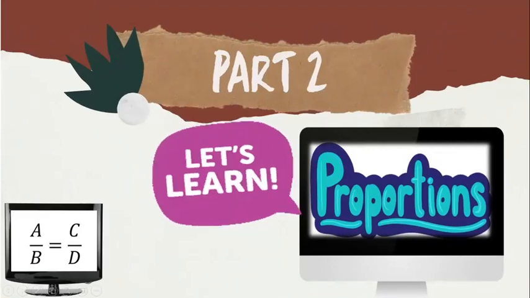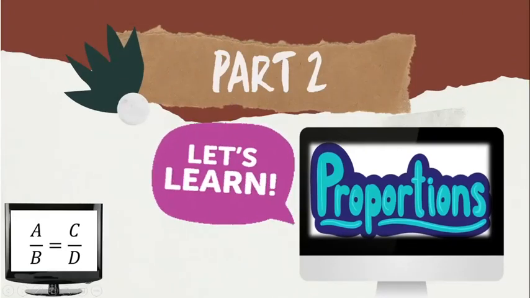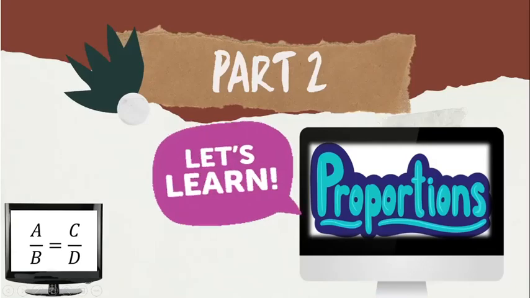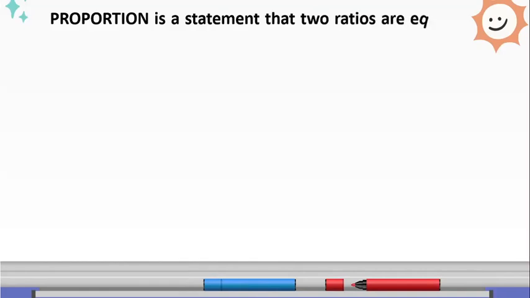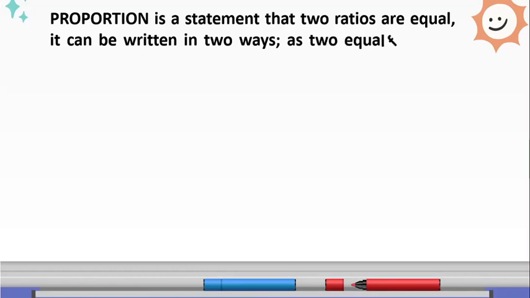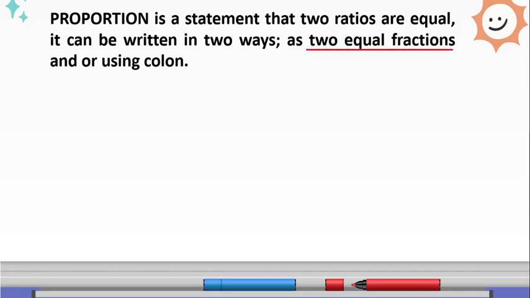This time, let's go to part 2 of this video's lesson. Let's learn proportions. What is proportion? Proportion is a statement that two ratios are equal. It can be written in two ways, as two equal fractions or using colon.